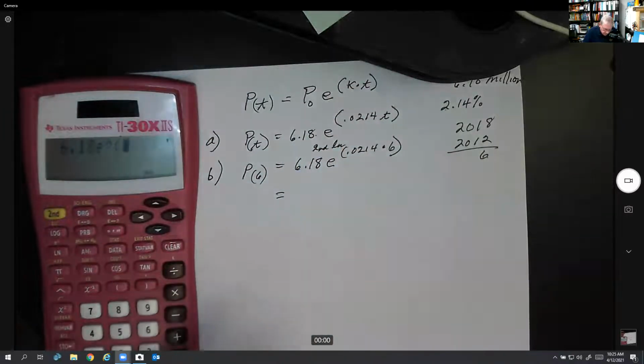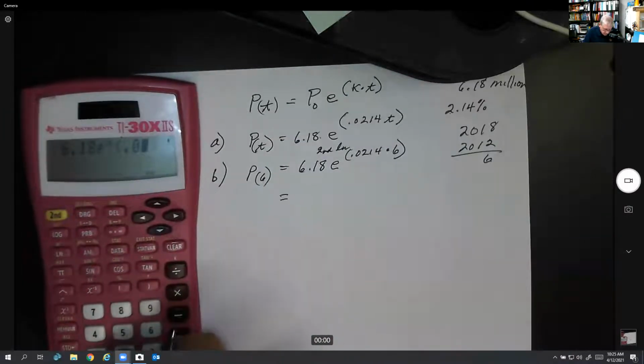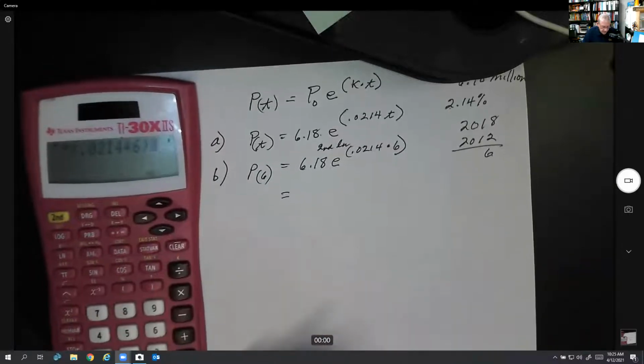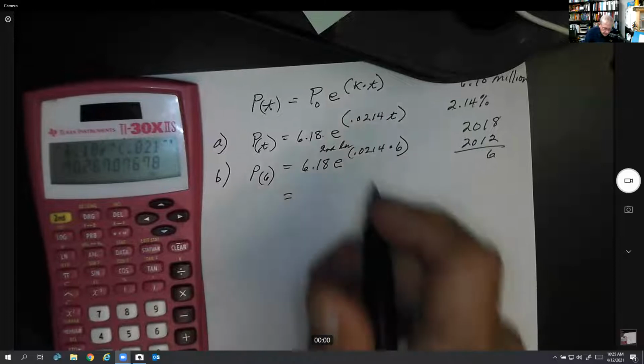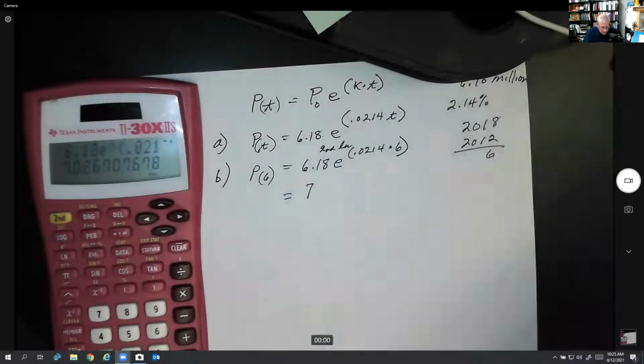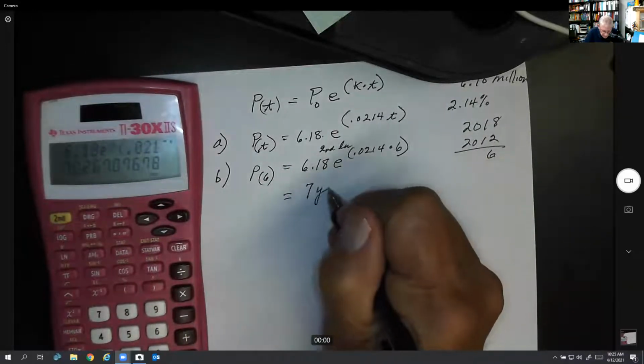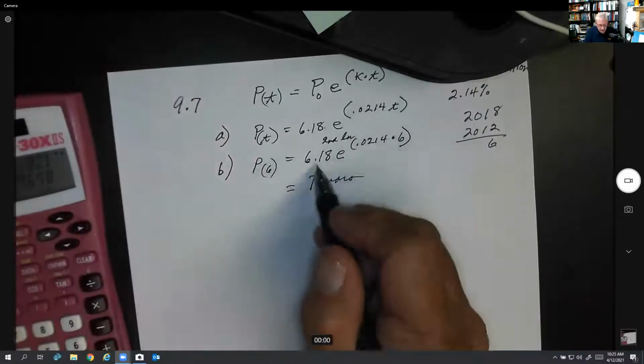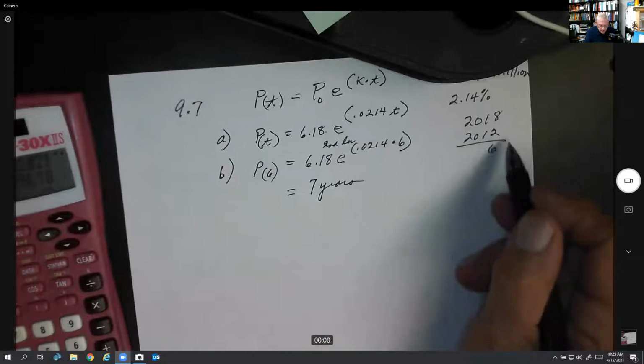Okay, and then 0.0214 times 6. Bingo, got it. So about 7. It would take 7 million to reach this new population.